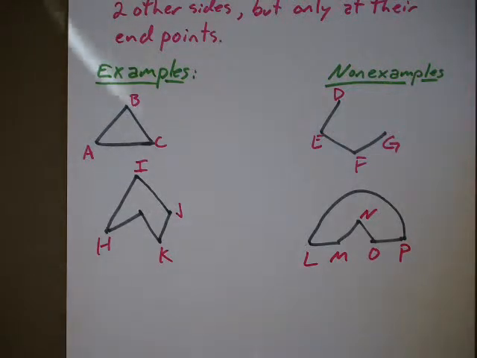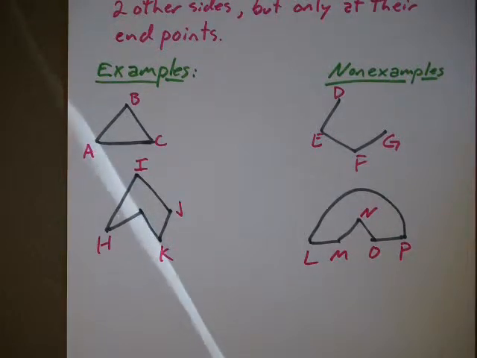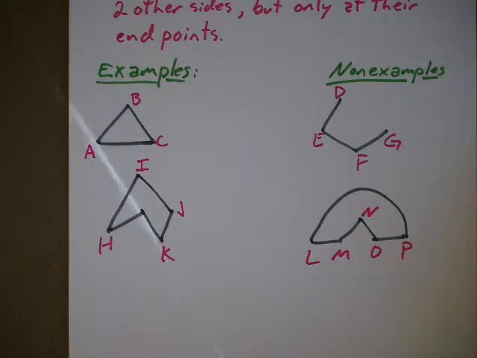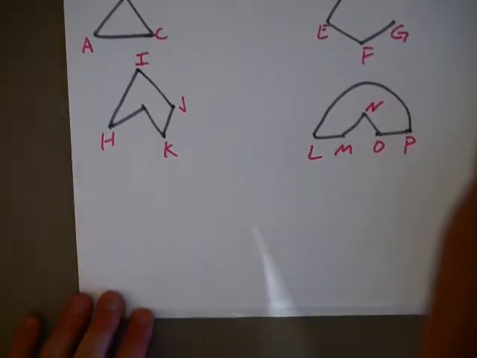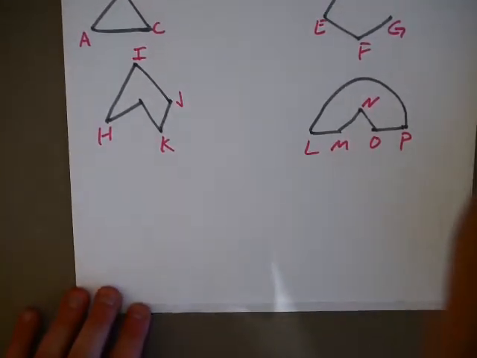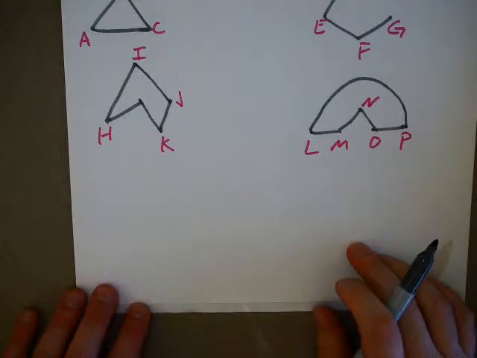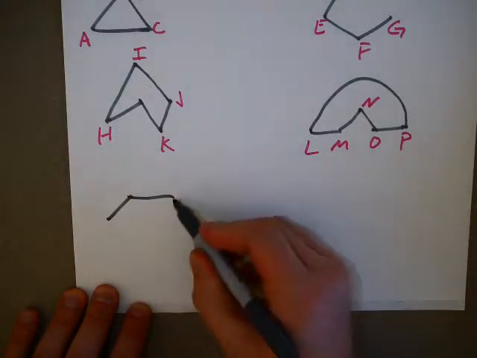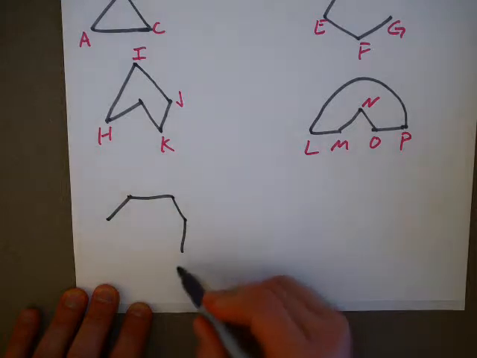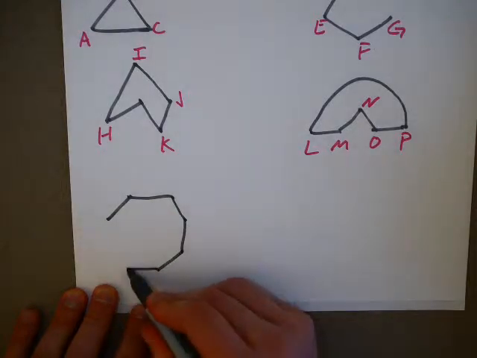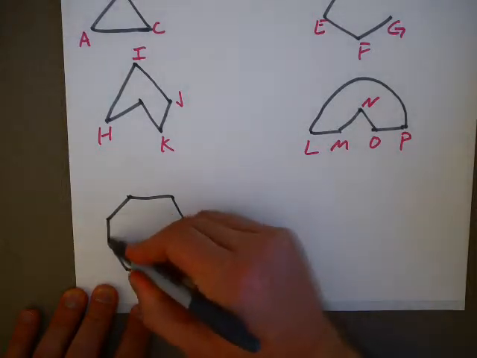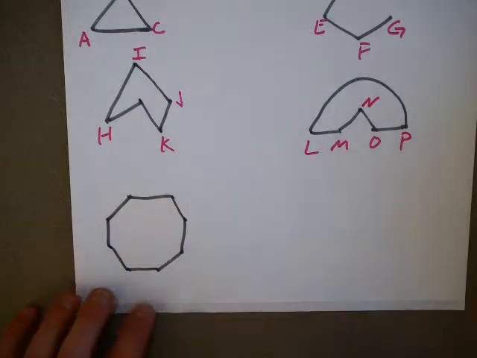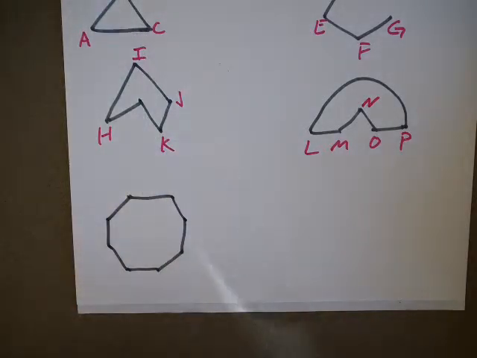So sides are non-collinear. That's pretty self-explanatory. And like I said, each side intersects with exactly two other sides, but only at the endpoints. Each segment here, notice that it intersects with two other sides.